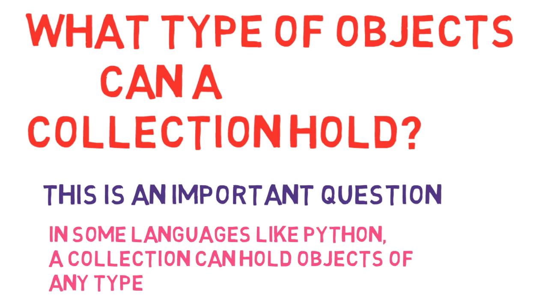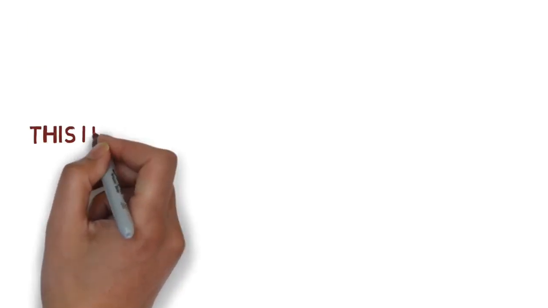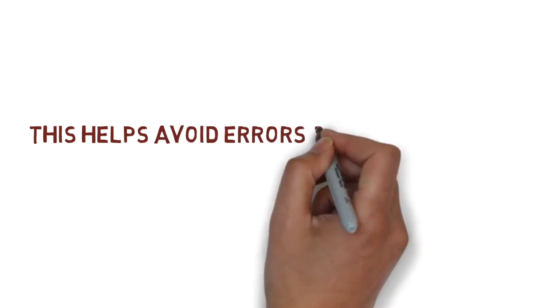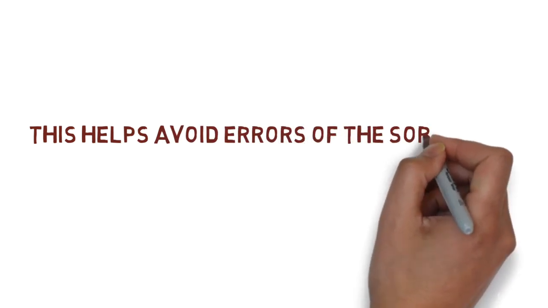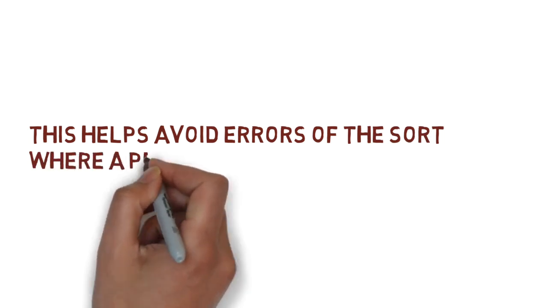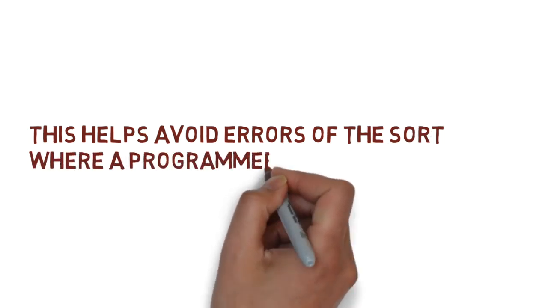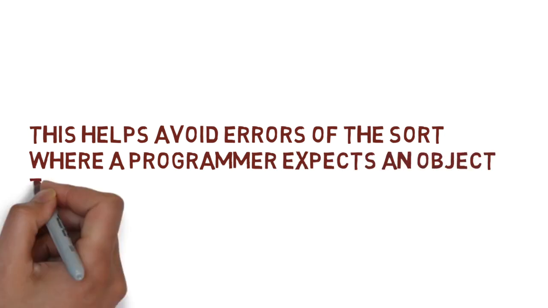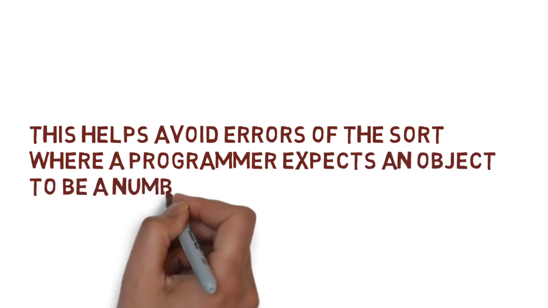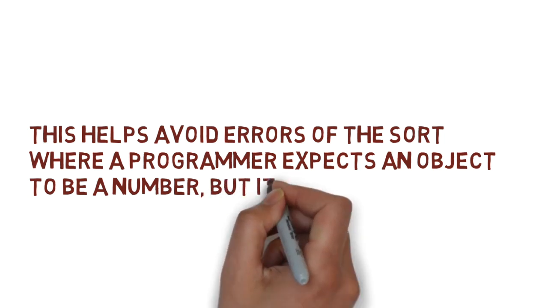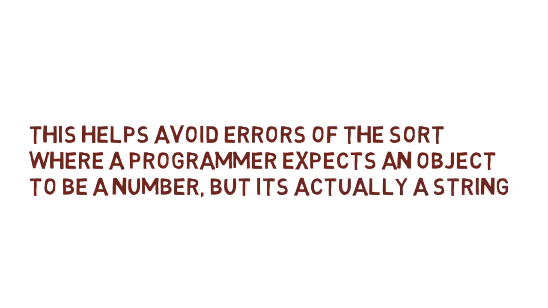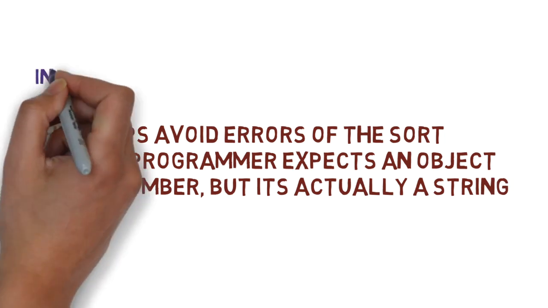We'd like to ensure that all objects in a collection are either strings or booleans or exactly of the same type. Why is that? The reason is that errors of the type where someone using your collection expects, say, a number but it's actually a string, you'll avoid these.